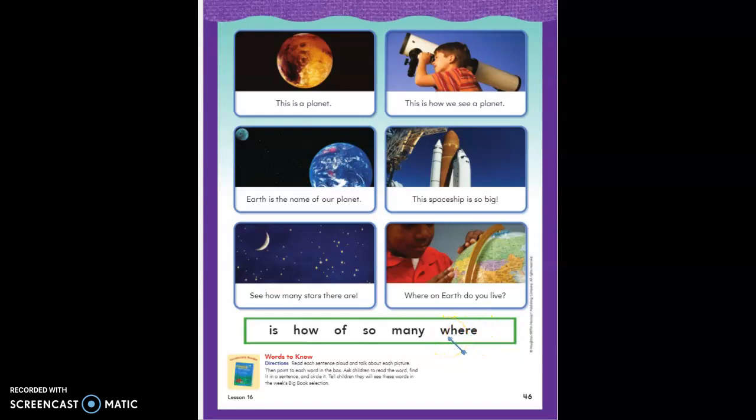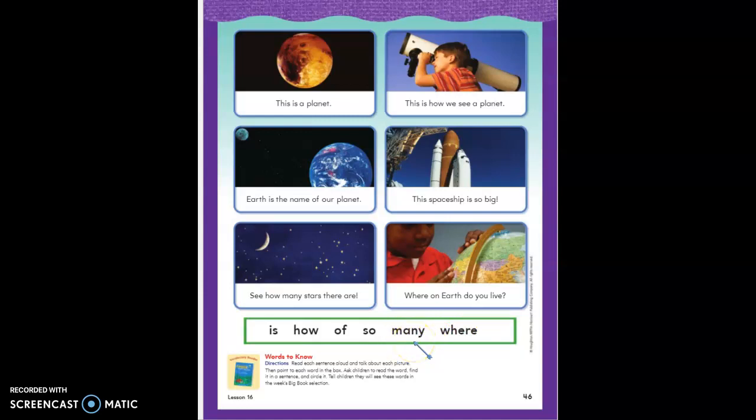So in this we have this H and this E at the end, helping us make the word where. And we know where is used when we are asking questions, right? Where are you going? Where is my lunch? Where is my favorite toy? So always you will hear this when it's in a sentence question.